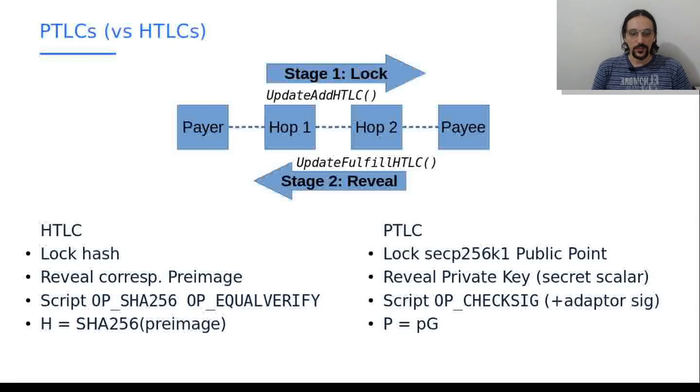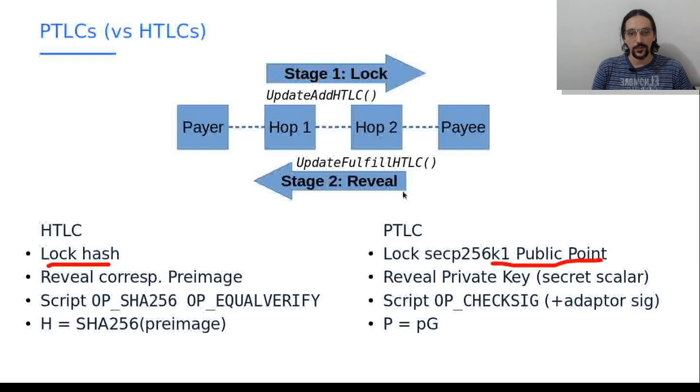So PTLCs, just a quick recap. PTLCs are a new designed way, a new feature for Lightning that aims to change the way payments are bound in the Lightning Network. So instead of using a standard hash challenge to lock the funds, we use a public point to lock the funds.